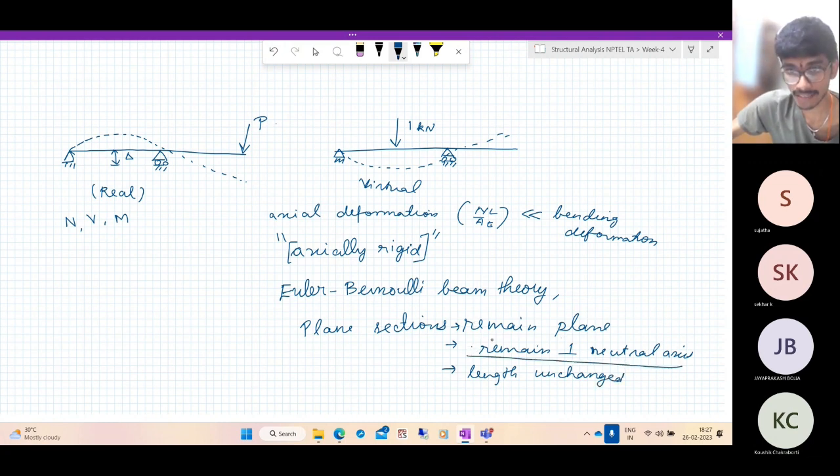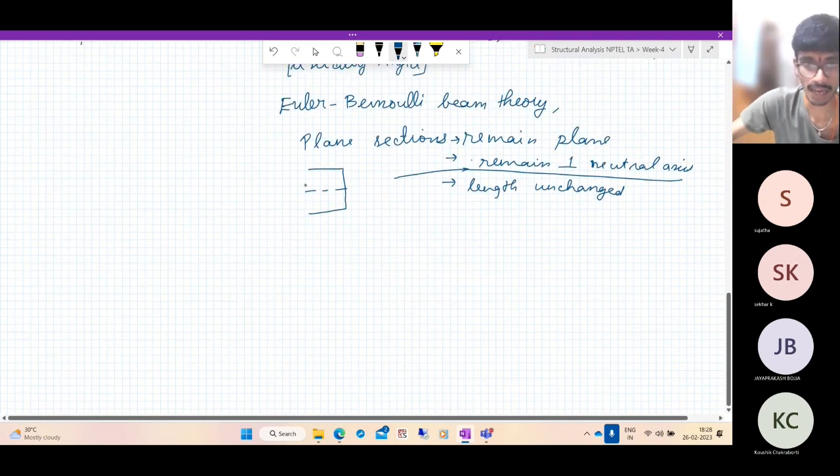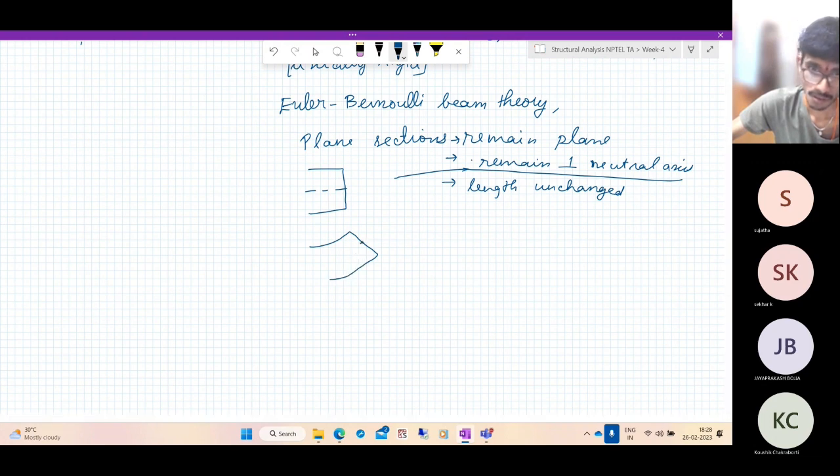When plane sections remain perpendicular to the neutral axis, it means that if initially we had a beam section like this, after deformation it becomes something like this. However, the 90 degrees between the beam center axis and the cross section is preserved. So it remains normal to the neutral axis.